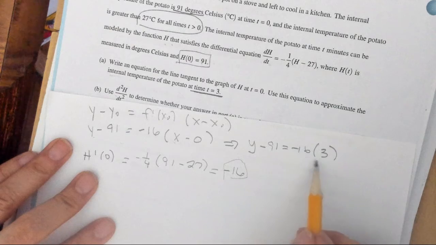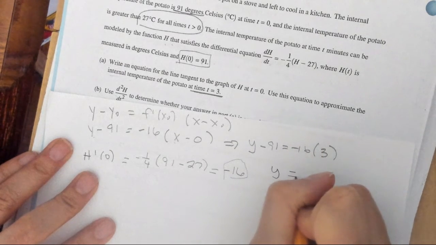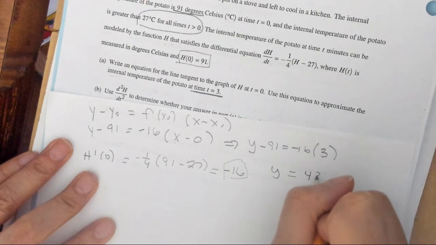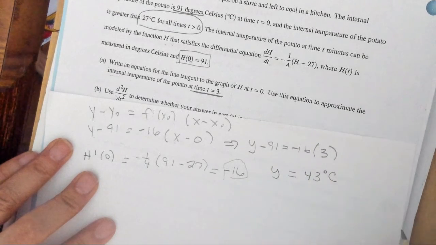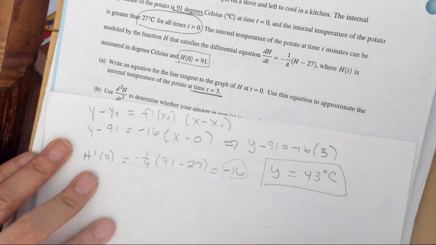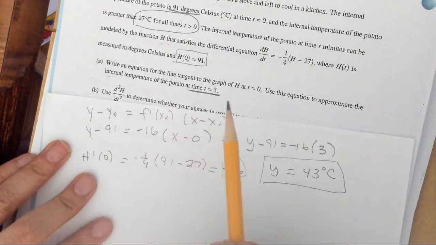And so this is the equation that we're solving for. And so we multiply these, get this over, and we get y equals 43 degrees Celsius. Well, that's h. h equals 43 degrees Celsius. Okay, so we found A.